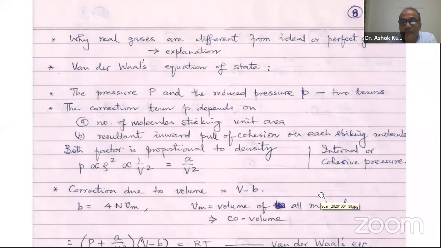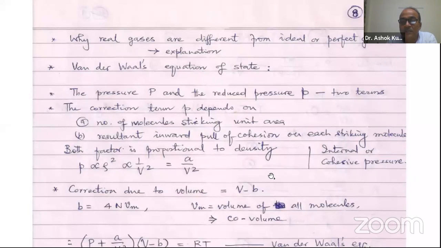So n Vm collectively gives a number, and finally the effective volume is V minus that, because we assume that V is the volume of the gas, but actually the available volume is not V. The available volume is the total V minus the volume already occupied by the gas molecules themselves.